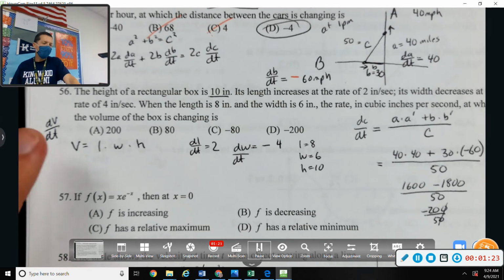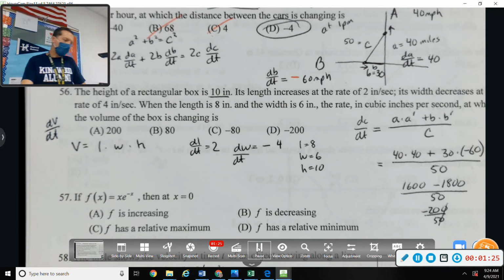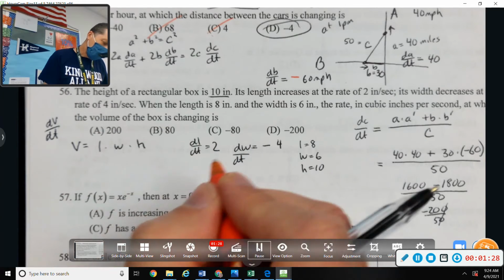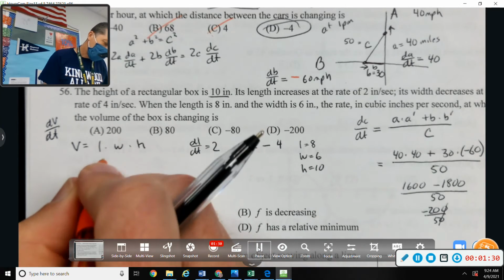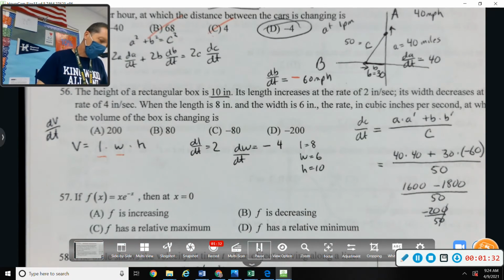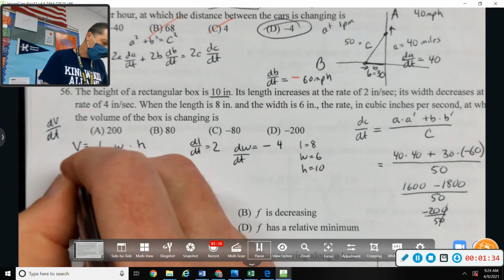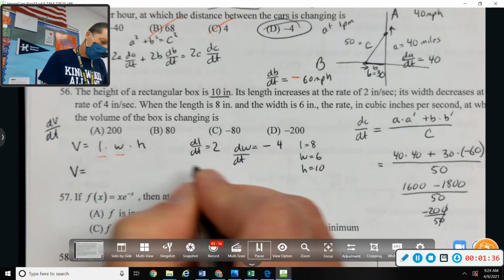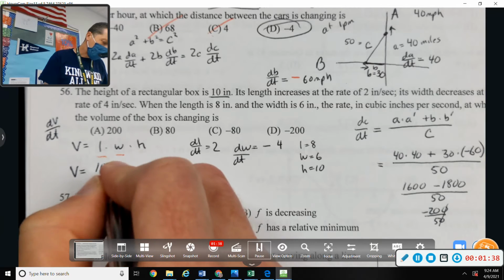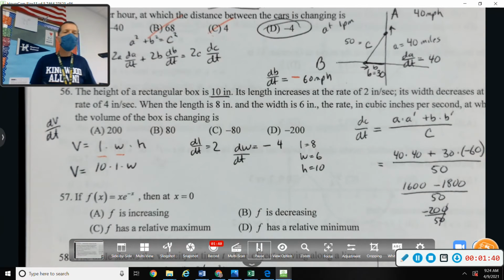So I need to take dV/dt, knowing that L is changing and W is changing. And maybe it'd be easier if I just wrote this as, since H is set at 10, 10 times L times W, because the 10 isn't changing.